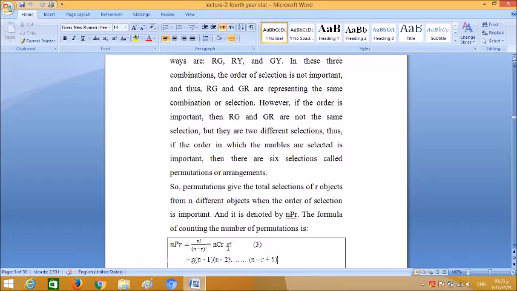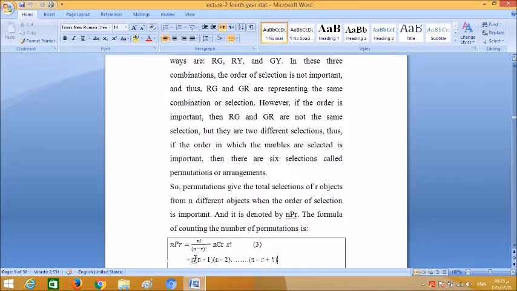So you can say that nCr equals nPr divided by r factorial, right?